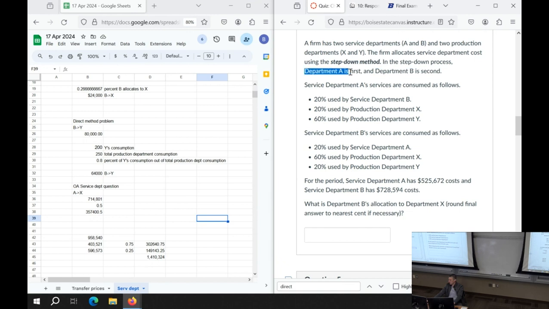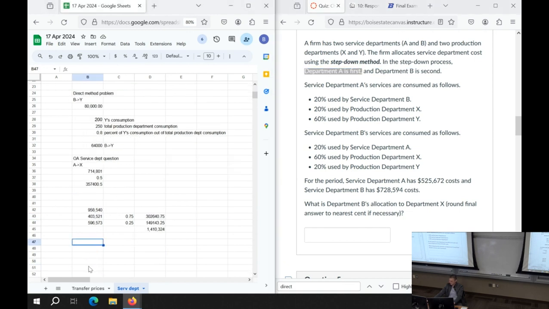Okay, so A is going to allocate to B first, and then, among other things, B is going to allocate to X. Sorry, I just want to make sure it's clear what's going on.